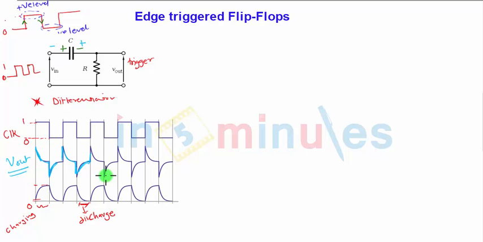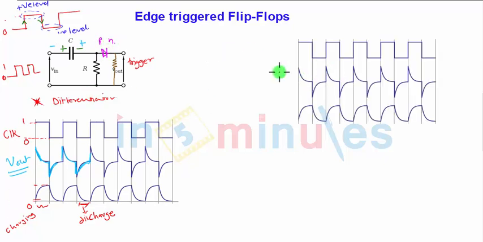Now what will happen if I place a diode in between this R and suppose another R is there. So I'll put an R here and a diode in this direction, P type, N type. So for this the modified diagram will look like this.